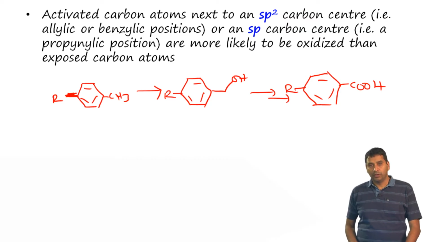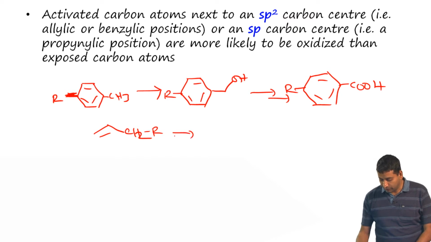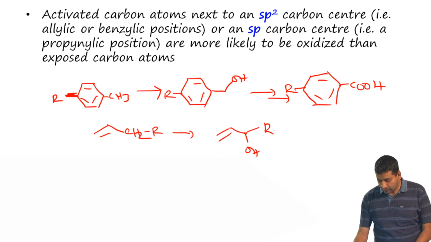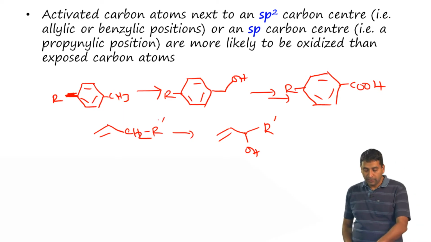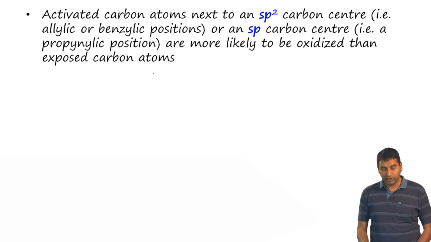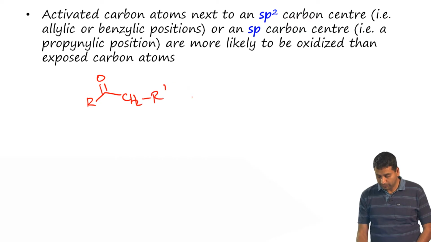It is also possible that you have an olefin such as this. This is an allylic position which can undergo oxidation to give you R prime. Okay. And you can also have oxidations next to the ketone. So, for example, you have R C double bond O CH2 R prime.